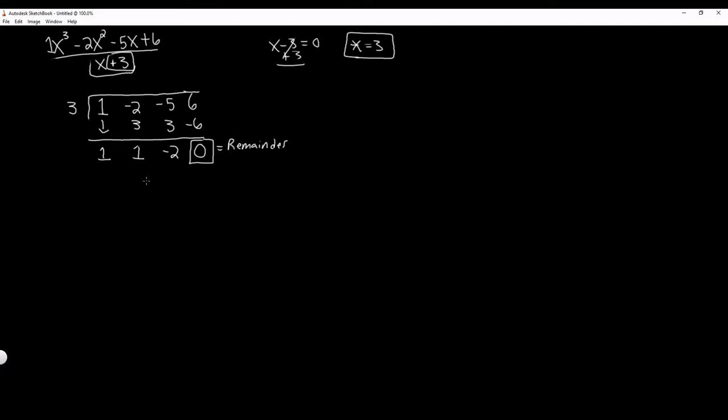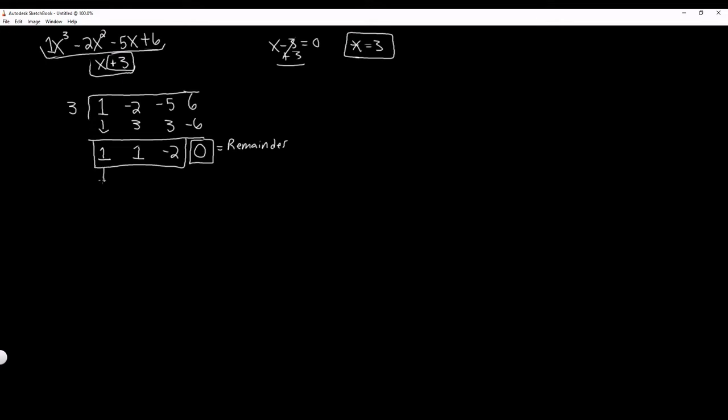Okay, so the way that we continue with this is these numbers right here are going to be our new coefficients. But instead of starting with x cubed, the highest power of the function up here, we want to subtract 1 from each one of our exponents. So the highest power of our divided polynomial function will be x squared.